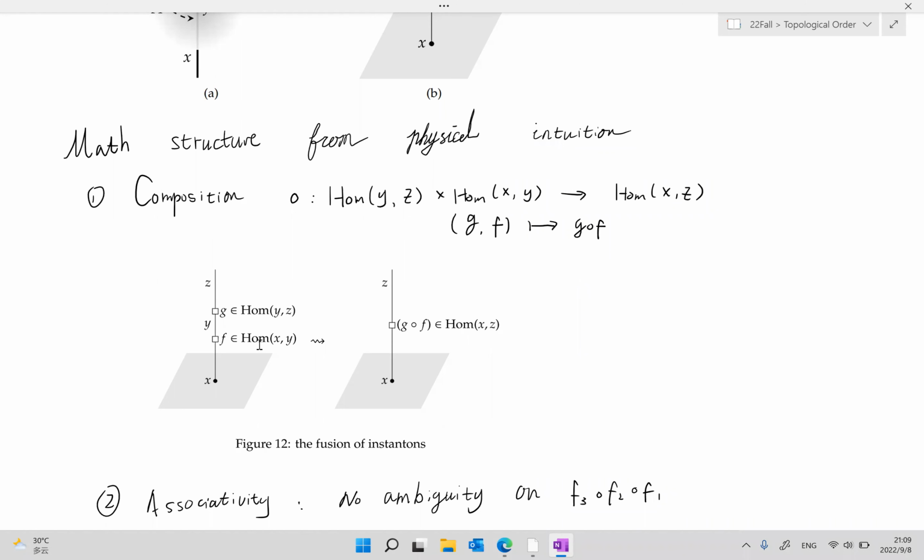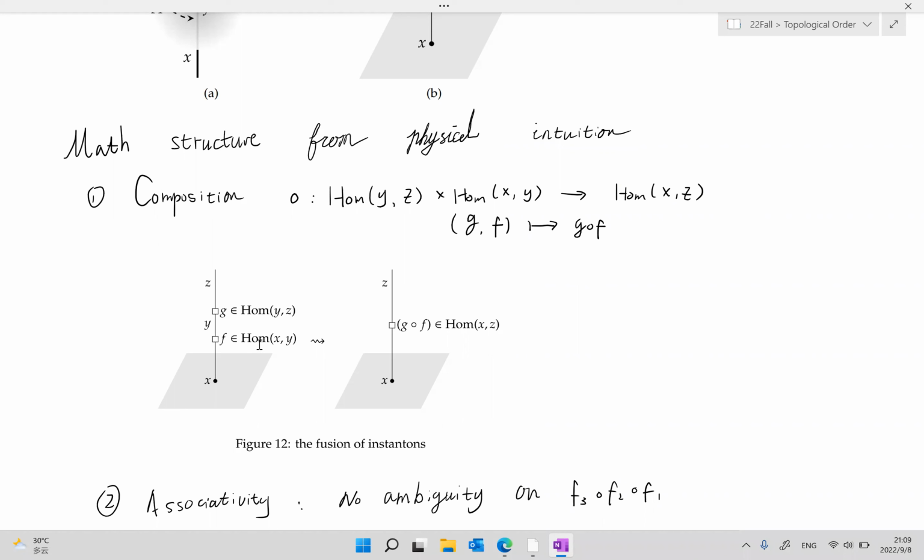I think here it just means that the coarse-graining or the fusion of two instantons is just like the composition of quantum operators. So why does it not introduce some extra phase? Because they are just two instantons.